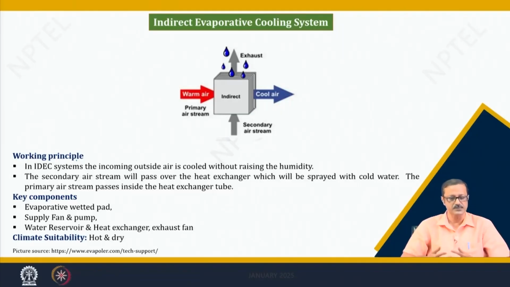So, in the indirect system the incoming outside air is cooled without raising the humidity. There will be some kind of humidity control, because whatever humidity is gained by the warm air will be taken care of by the secondary air stream.